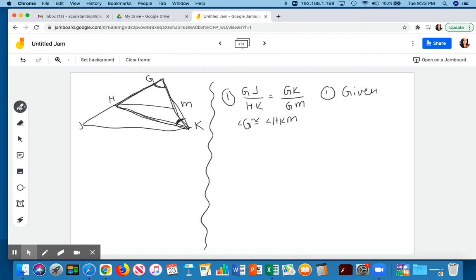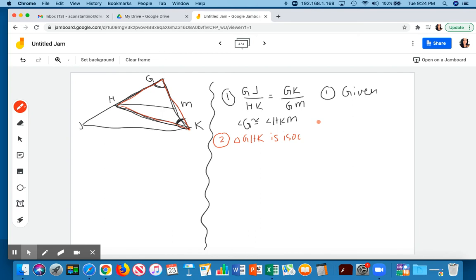So that's like the key. And I didn't see that at first, because I was too focused on the proportions. But this right here is step 2. So just simply seeing that triangle GHK is isosceles.